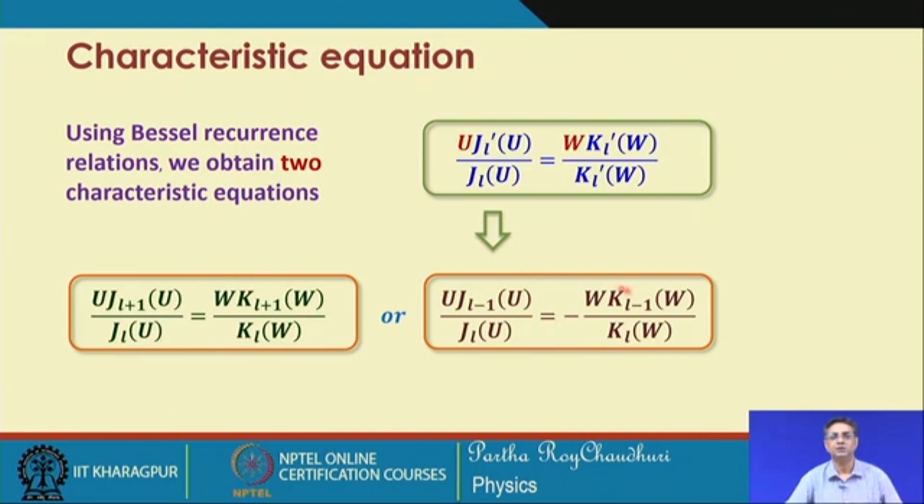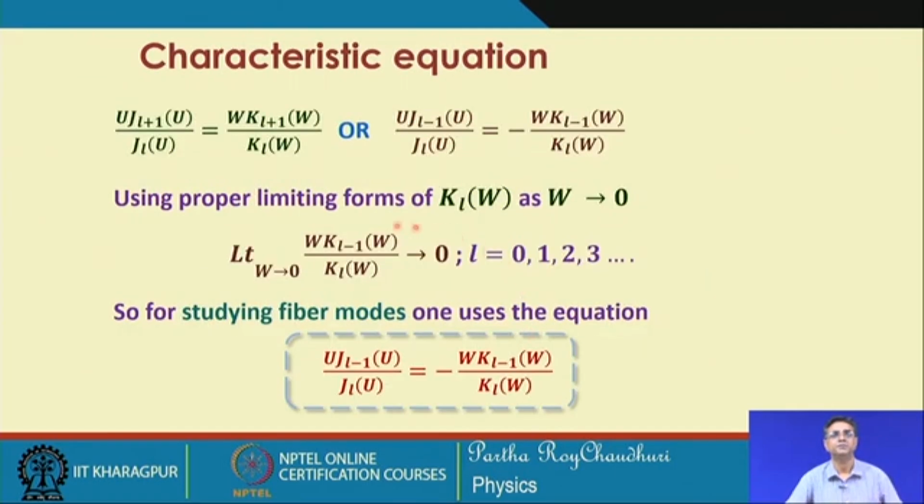This equation will be valid for the physical solutions, because if I take this equation, these are the two dispersion equations. Using the proper limiting forms of K L, if you take W tends to 0, then this quantity also tends to 0, for L equal to 0, 1, 2, 3.